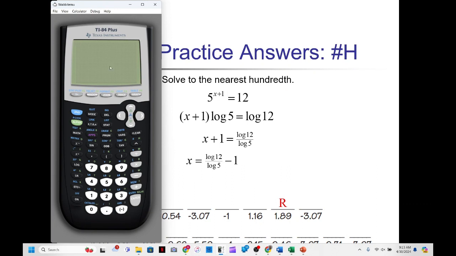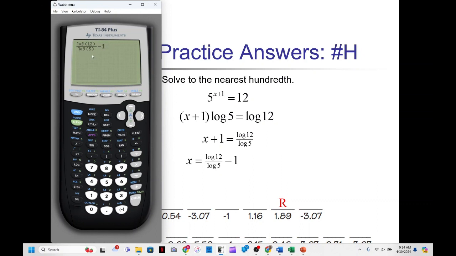To make things a little easier on my calculator, I'm going to start using fancy fraction mode for a lot of these log expressions. At least on the grapher, I'm going to do alpha y equals n over d, and then I can write log of 12 over log of 5. Then I'll get out of that fraction and subtract 1.